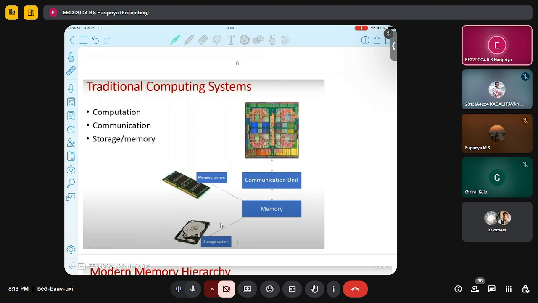First, it is data intensive, so we need storage.